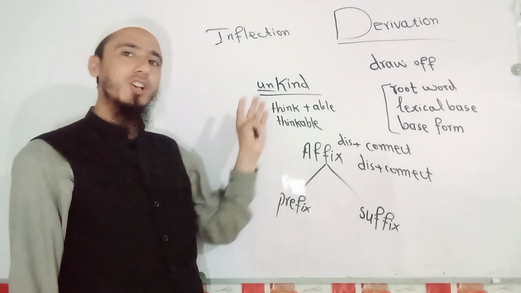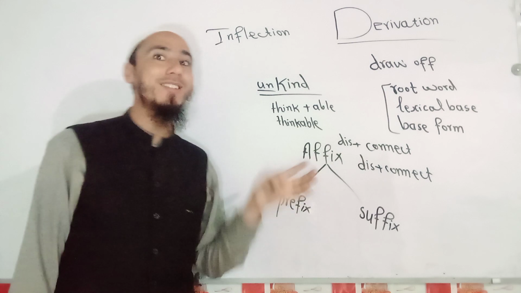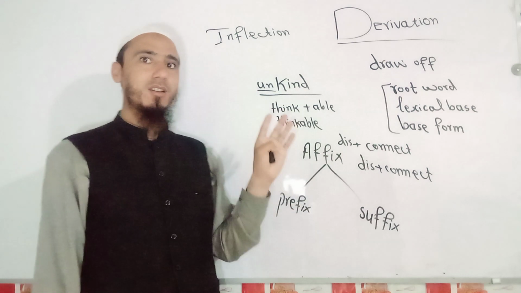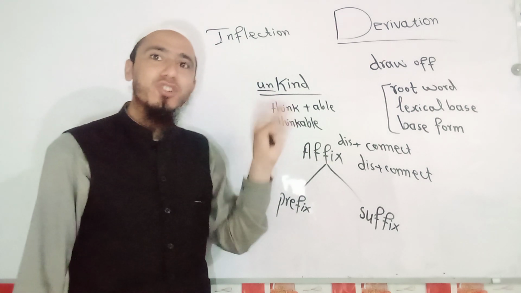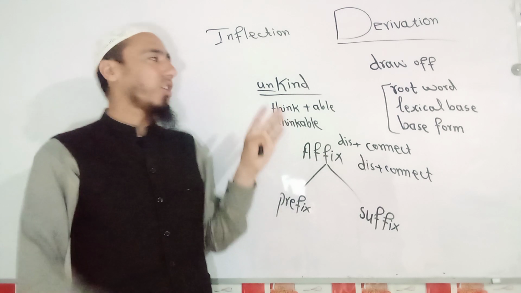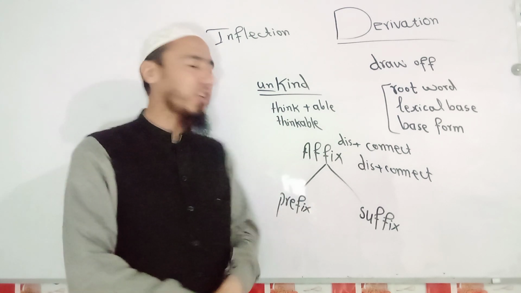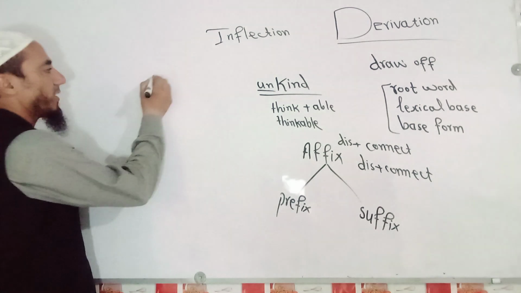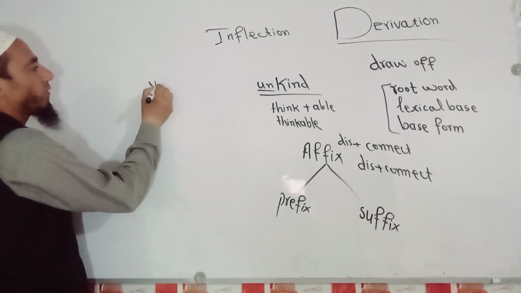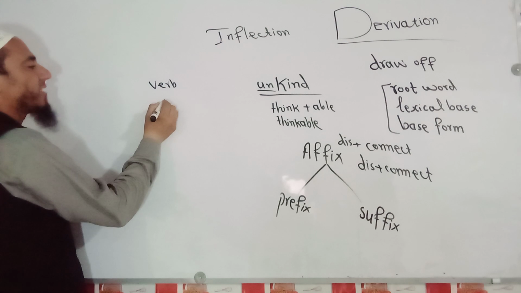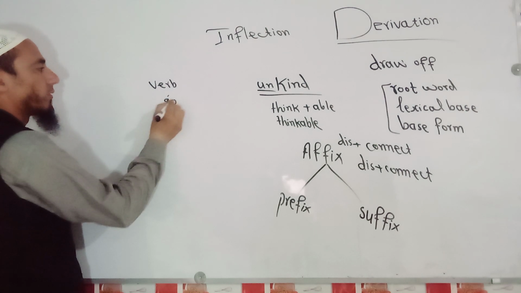It means that here the form of a word does not change. Here the structure of a word does not change. Here change only occurs in grammatical category. As I said, for example, the verb. Take the example of go.